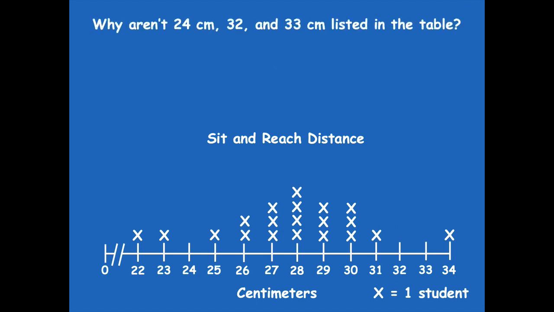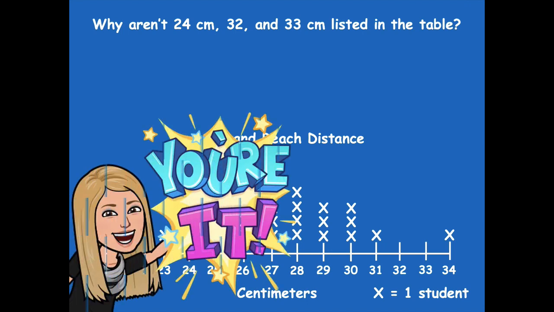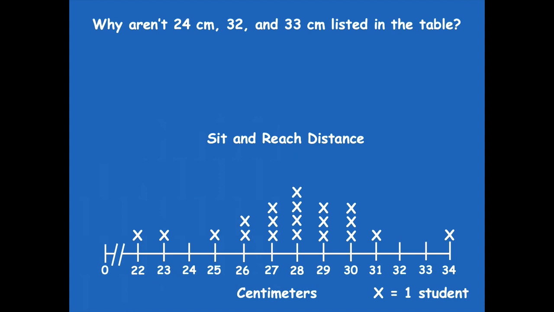Why aren't 24 centimeters, 32, and 33 centimeters listed in the table? I want you to pause the video. I want you to think about that. Why are there no measurements for that? All right, friends, pause the video if you need more time. Otherwise, here we go.